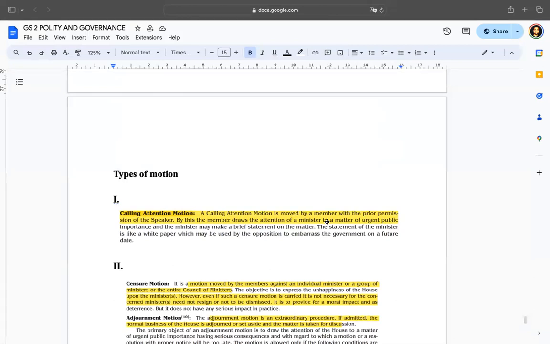That I want to bring into attention of the minister a particular matter which is associated with that ministry, and that is urgent matter, urgent public important matter, where I want the authoritative statement from the minister.